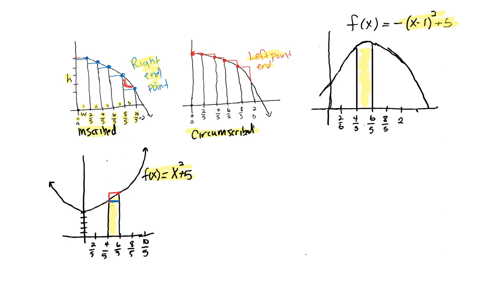We would use this value in the middle. That is the highest y value, the maximum, and that would give you the circumscribed rectangle. So in this example, you can see that we can't even use an endpoint at all to get the circumscribed area.